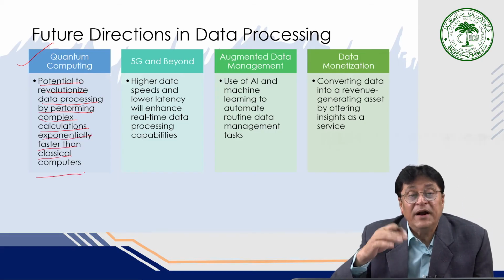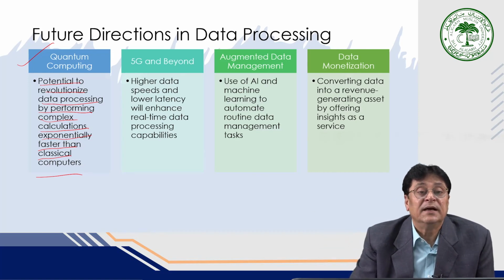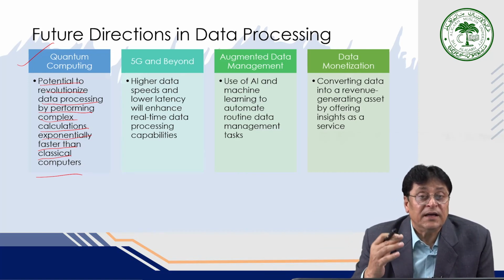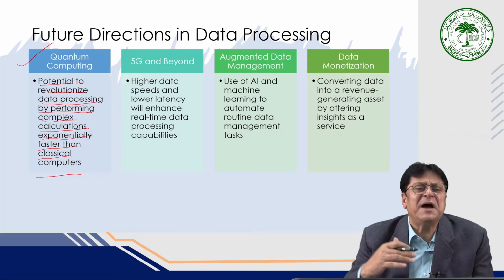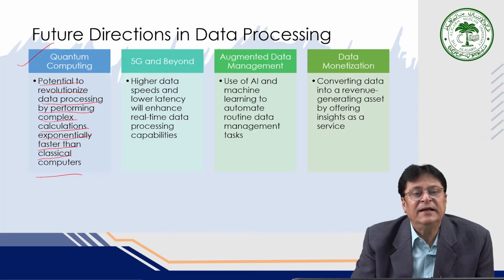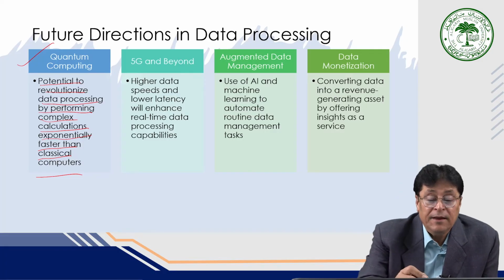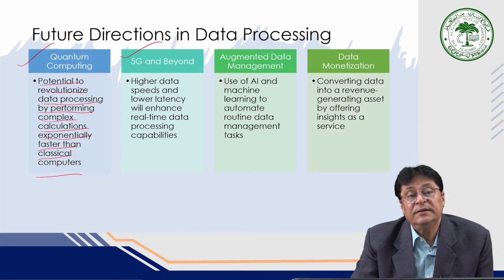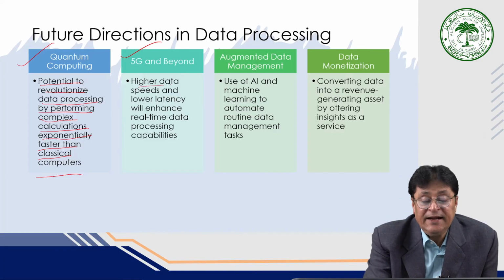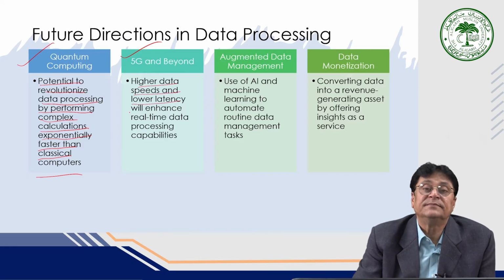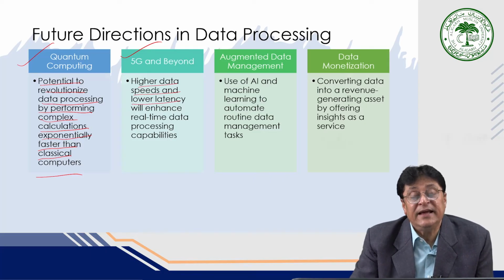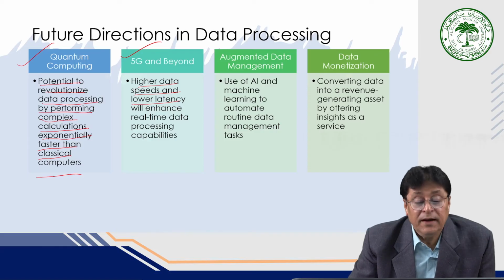Quantum computers are expected to be much more capable than present-day computers, the classical computers. 5G and beyond. Higher data speeds and lower latency is the most sought after thing in the modern highly connected world.